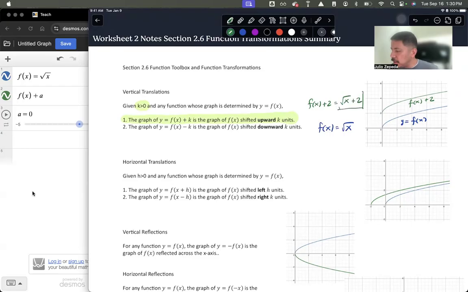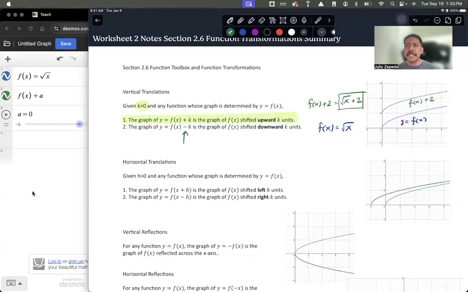If you see this function here, we can know that that is just the basic square root of x function, sometimes called the parent function, and then it's just shifted up 2 units. In a similar way, if we were to subtract 2, then that graph would just be shifted down.